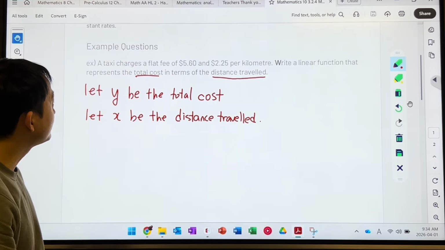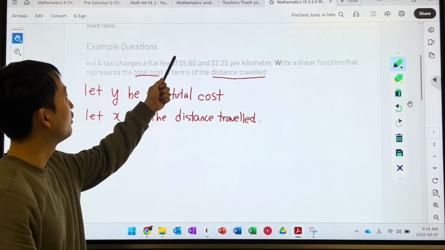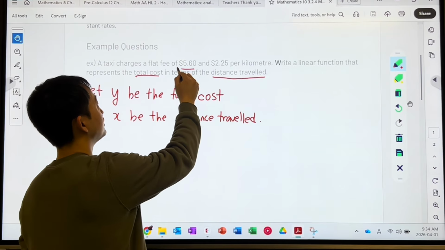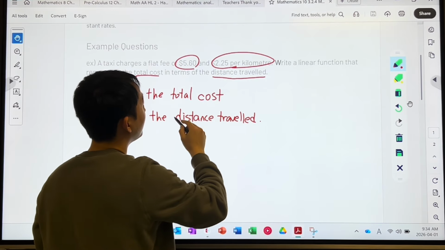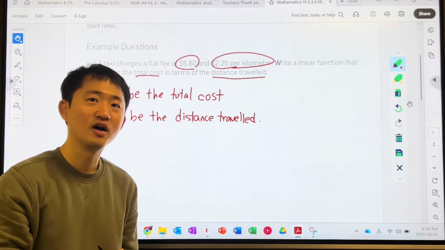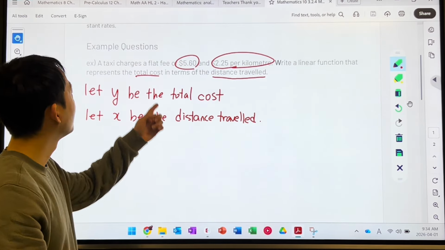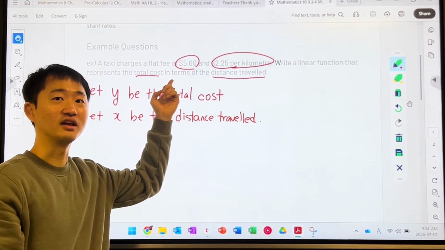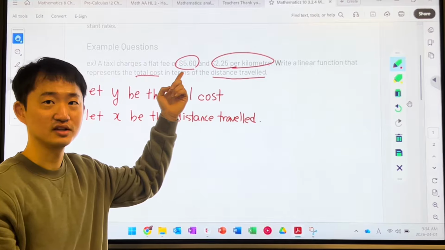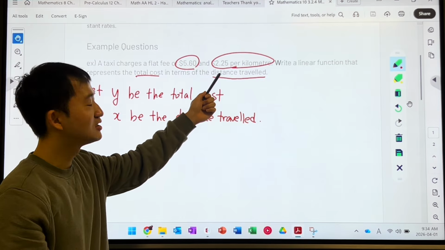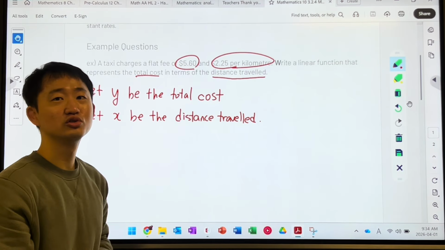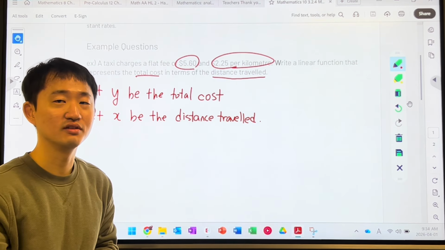For this question, it's pretty clear that we have this information: $5.60 and $2.25 per kilometer. Quite obviously, the $5.60 means the initial value. The initial value is usually translated to the y-intercept, and the rate, especially the unit rate, usually means the slope of the line.